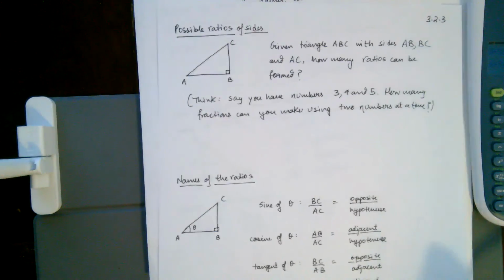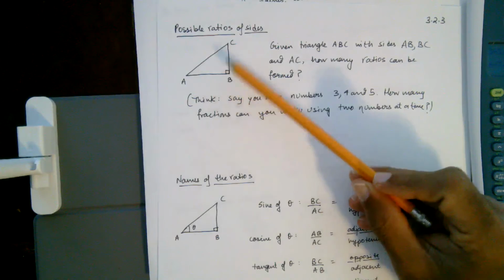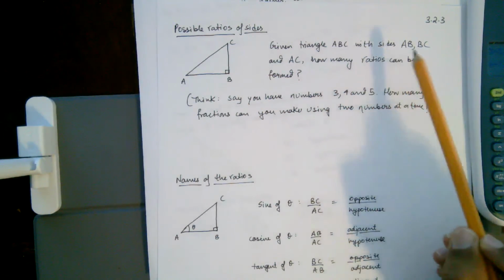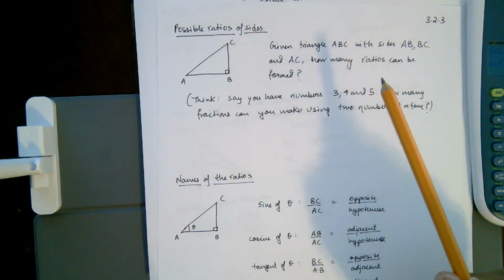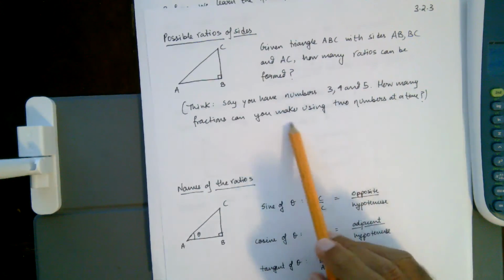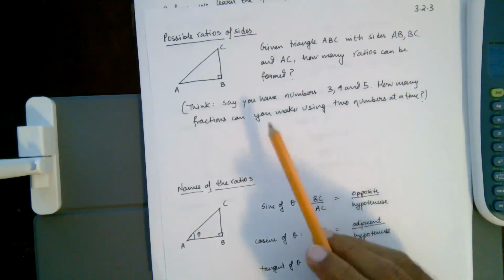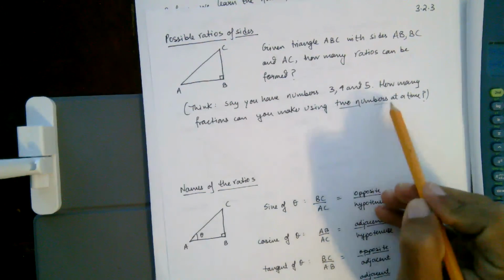Okay, the last topic for this video. If I give you a right triangle, try and figure out with the sides AB, BC and AC how many unique ratios can be formed. Another way to think about it is, let's say I give you the numbers 3, 4 and 5. How many unique fractions can you make using two numbers at once? So let's see.